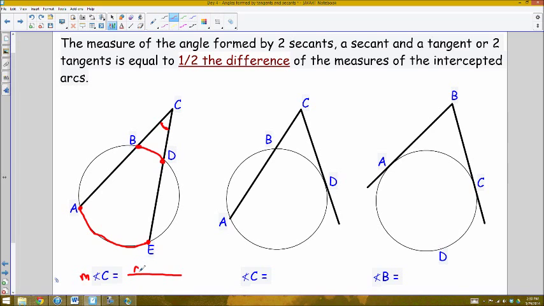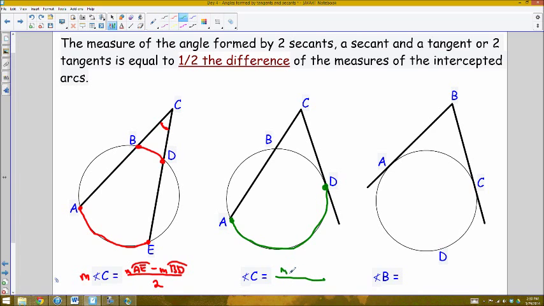So the larger of the two arcs is AE. So I'm going to take the measure of AE and subtract from that the measure of BD, and then divide that by 2. In my second situation, where I have a secant and a tangent, I'll again look at the larger of the two arcs, which is AD.